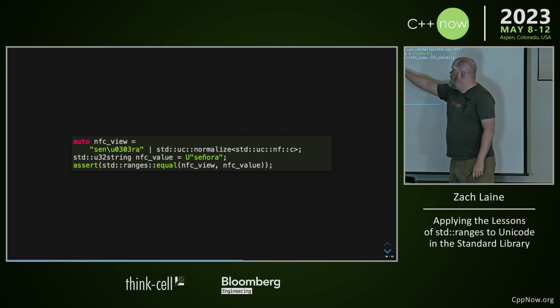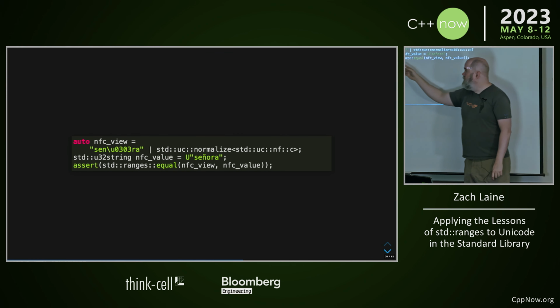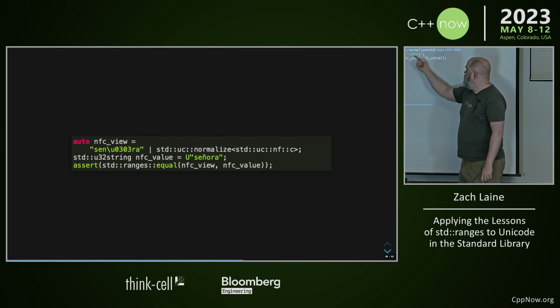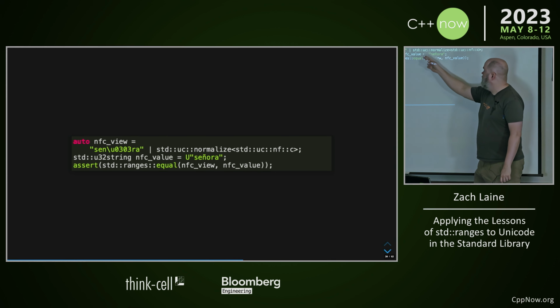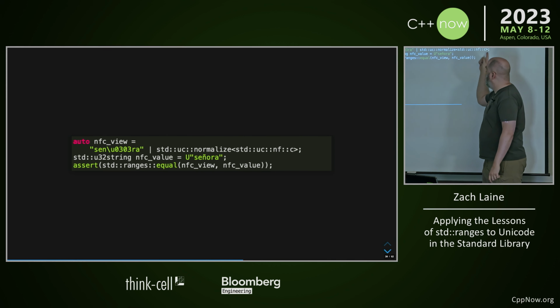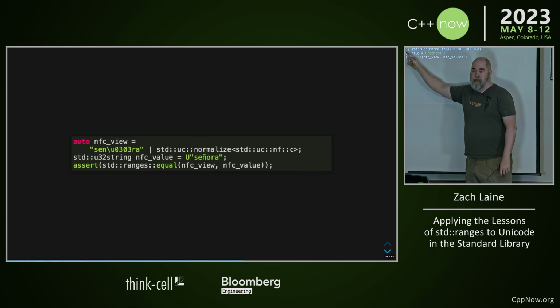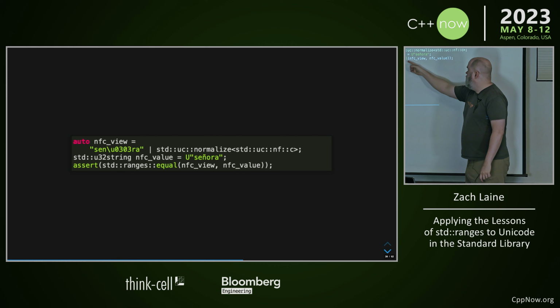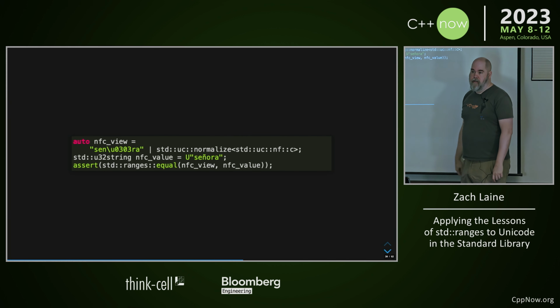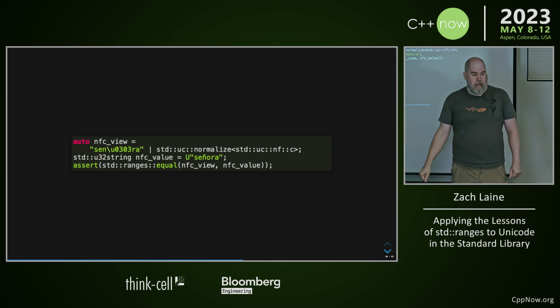So you want to compare it against something that's UTF-32. So here's a string literal that's already UTF-32 with the ENYE already in it. This is the NFC form, this is the NFD form, but this whole expression ends up being NFC because that's what the view adapter is doing. So if I combine them, that's where the binary equivalence is, right? Okay.